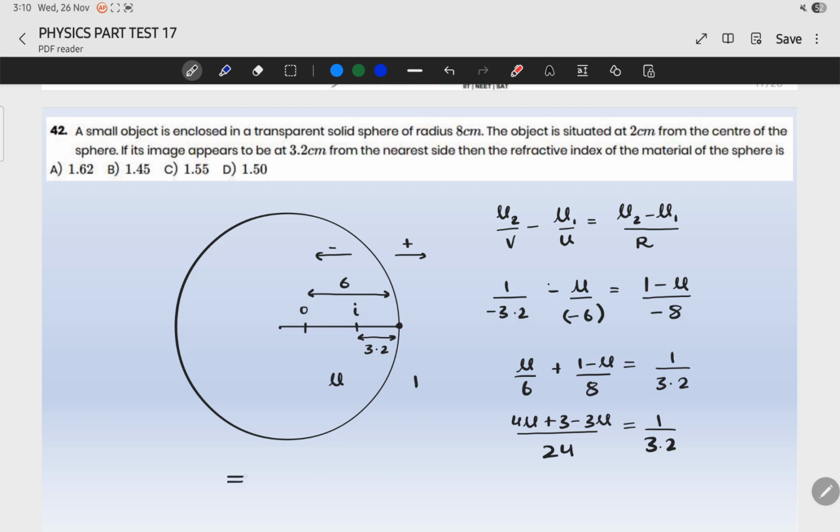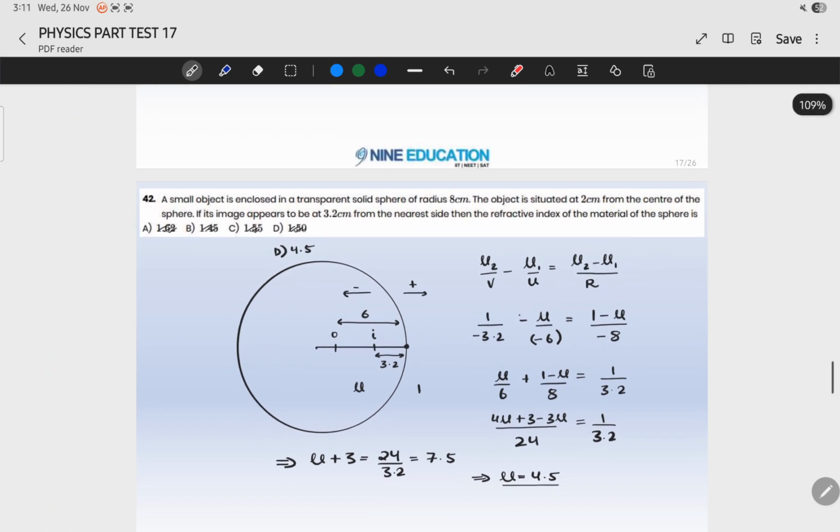So it implies that mu plus 3 is equal to 7.5. Implies that mu is equal to 4.5. I believe the options were changed. So the option is 4.5.